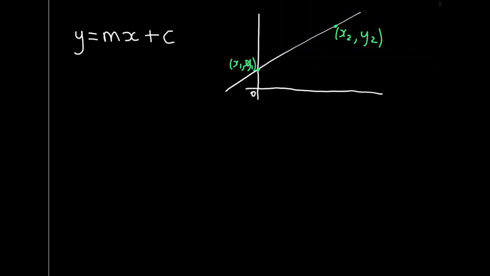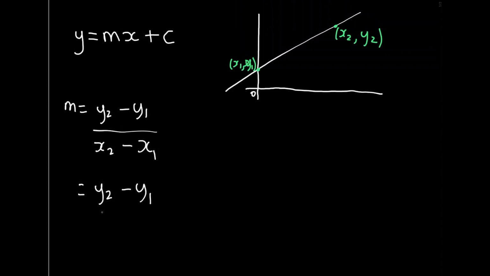And now the equation of our slope, so m is equal to y2 minus y1 over x2 minus x1, and in this case we see that x1 is equal to 0, so this will be simply y2 minus y1 over x2.